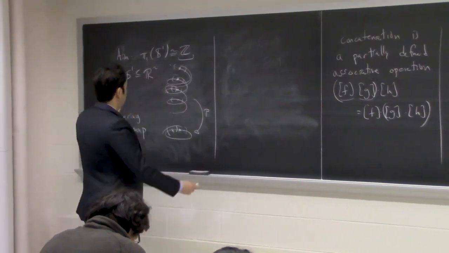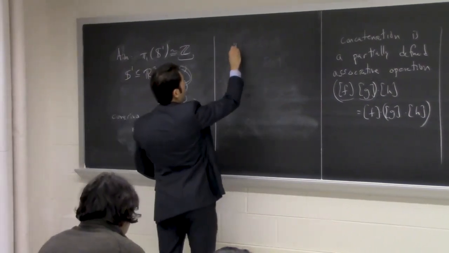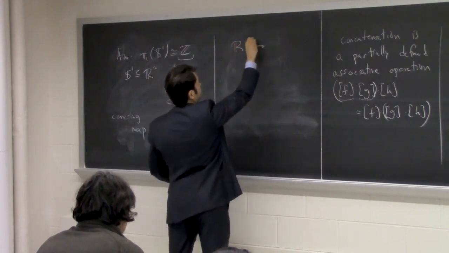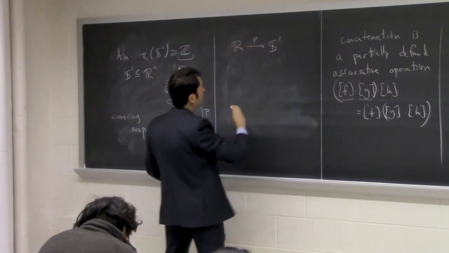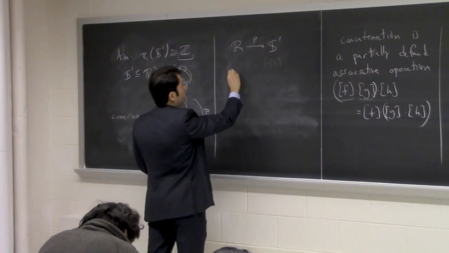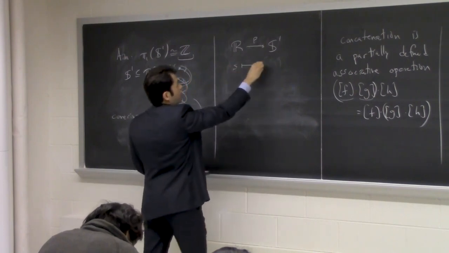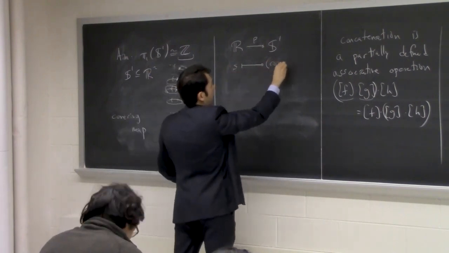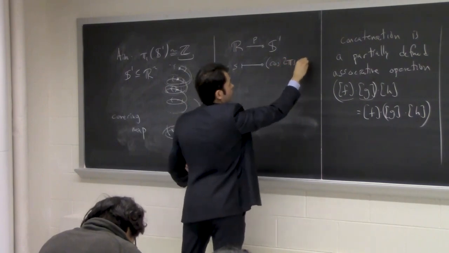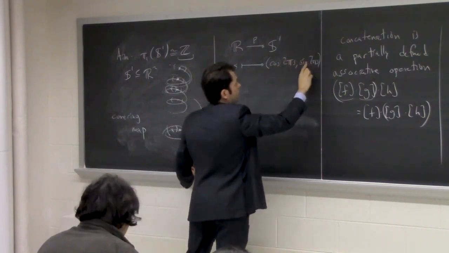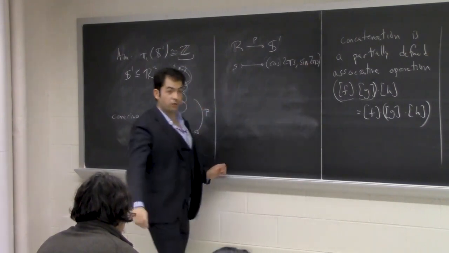Okay, great. So now let's try to be a little more precise. So we're going to define our map to just take a real number and go around the circle, right? Thought of as sitting inside R2.